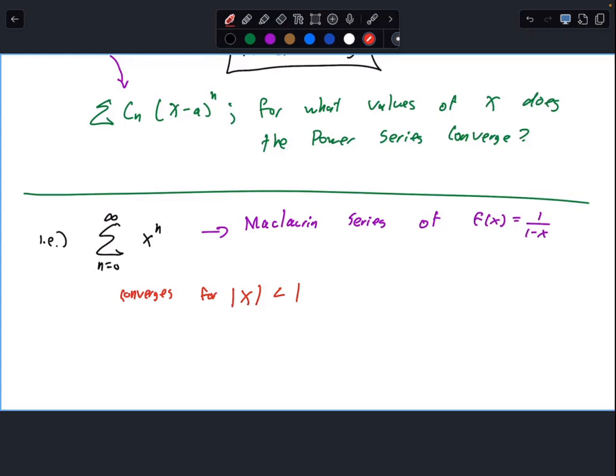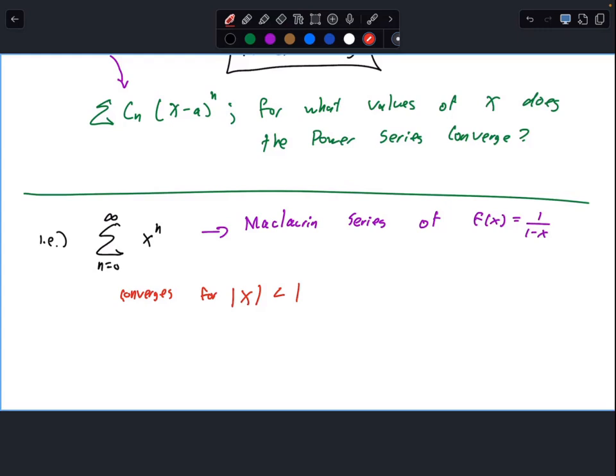So that one's nice and straightforward in regards to where it converges. We're just making the connections to both a geometric series and this. If you think about it, as long as the absolute value of x is less than 1, the 1 over 1 minus x represents the sum of that geometric series. So the sum of the geometric series is the series, because that's what it's supposed to be.